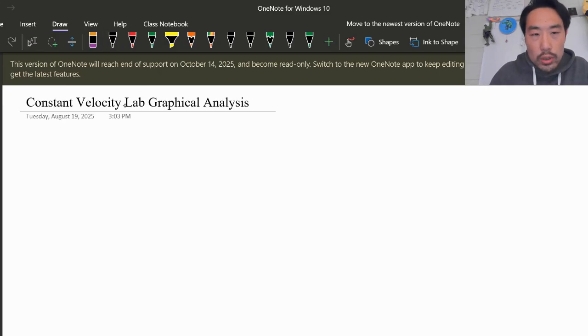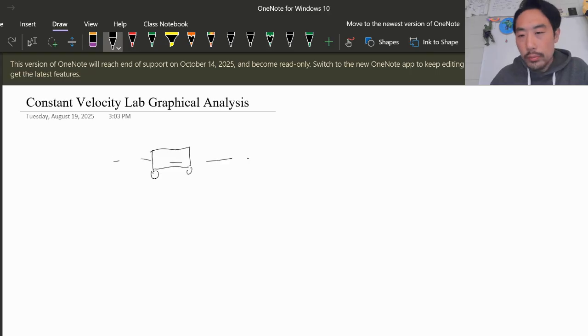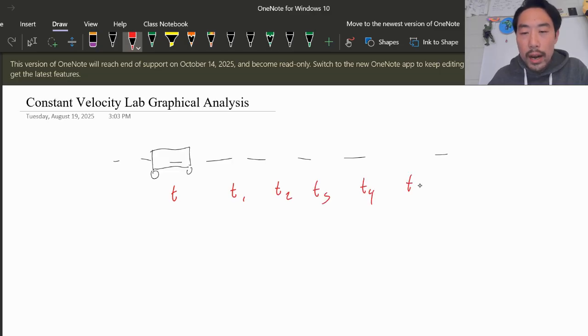For the lab, what you did is you had a car, and that car moved across the floor, and for every some amount of time, you took the time interval t1, t2, t3, t4, t5, t6, and so on.